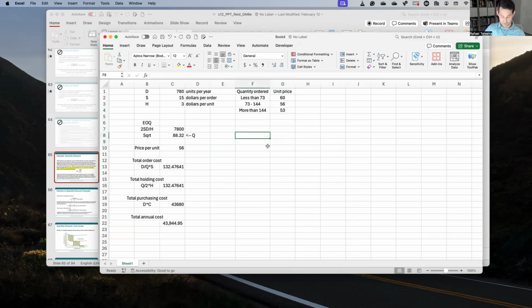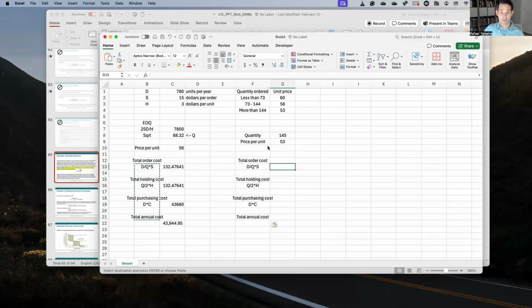So the quantity is 145. The price per unit, in this case, is 53. So my total ordering cost is going to be the same thing. Let me copy all this to save some time.